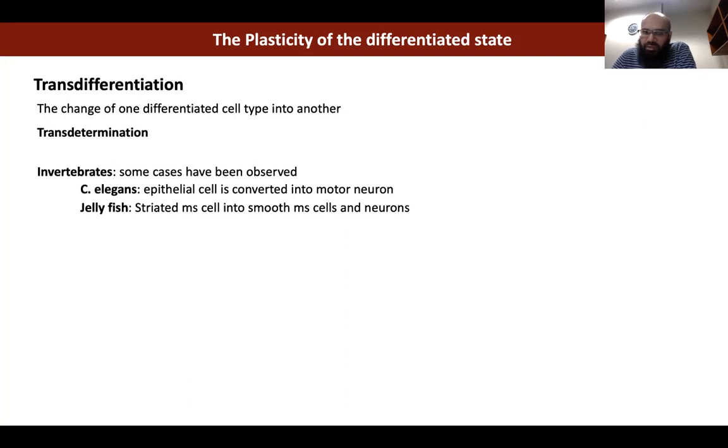Another example was in jellyfish, where there is basically a successive transdifferentiation starting from a striated muscle cell into a smooth muscle cell. So when the striated muscle cell is cultured in an extracellular matrix, it maintains its identity.